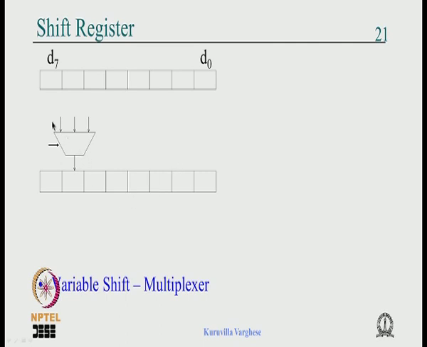That means you assume a huge 8 bit multiplexer here, the output is going to all the 8 registers, and there is connection here to all the inputs and so on. You can view it that way also, it does not matter, and you can have the code written that way, whichever way is convenient.